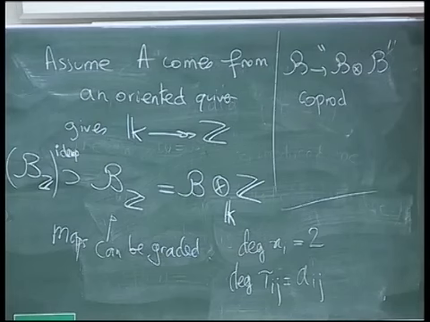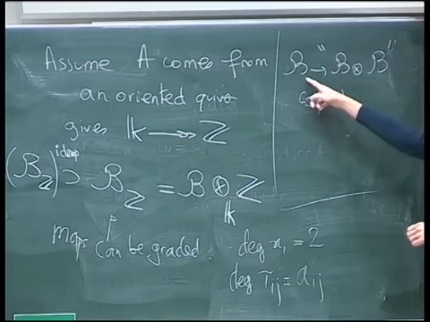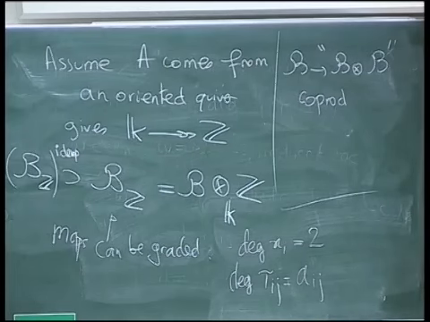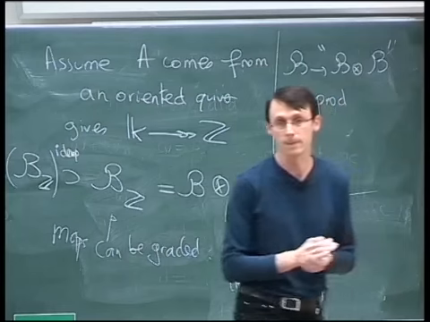You have to pass to suitable infinity categories and do suitable simplicial constructions, and then you can construct something like that. So I won't discuss this construction at all, but this is one of the main reasons to deal with these categories.